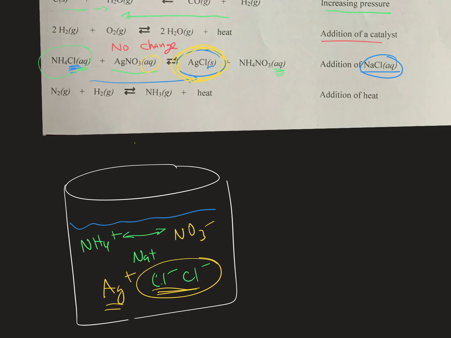What about the addition of heat on this last one? Pushes it toward which way? The reactants. We add more heat, it's going to push it the other way. So that's what Le Chatelier's principle is. You add a component, whether it's concentration, pressure, temperature, and it pushes it the other way.